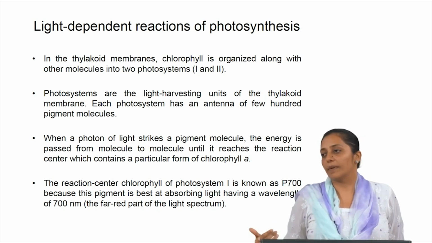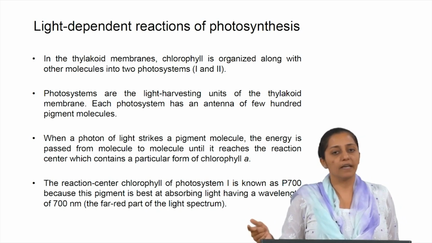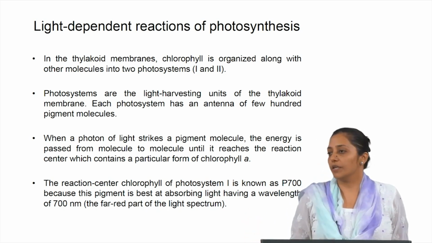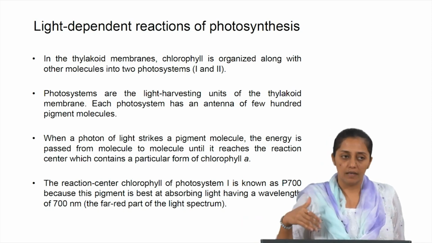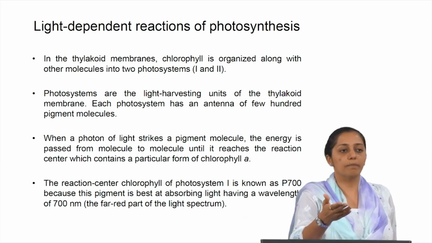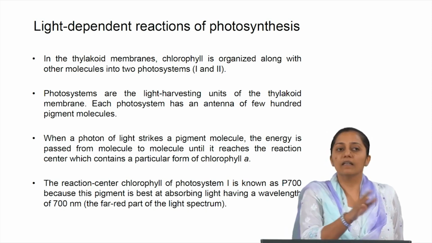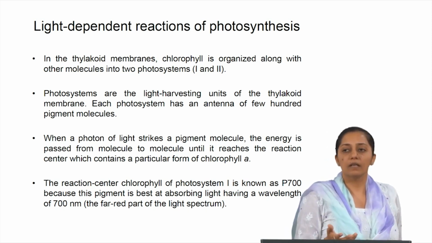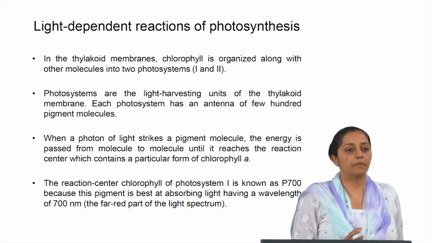This causes an electrochemical gradient, which is then exploited by ATPase to produce ATP, and the hydrogen ions diffusing back through the membrane into the stroma are then used to reduce NADP plus to form NADPH.